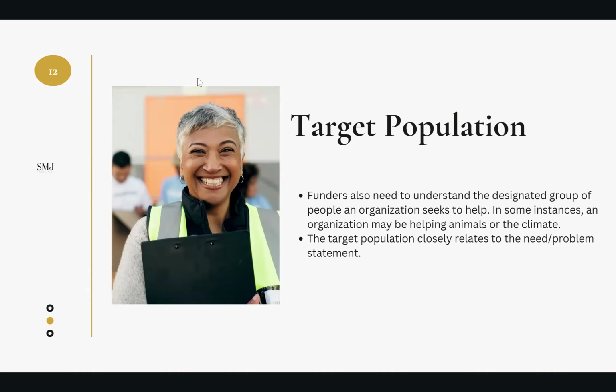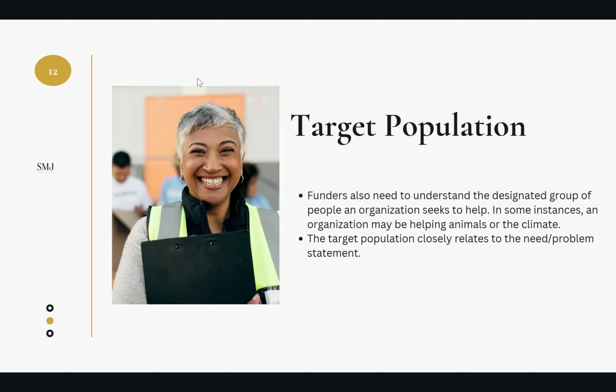Now, as you may have seen in the previous example, we also talk about the individuals who are experiencing the problem that your organization may be working on. Closely related to a problem statement is also talking about the people you are assisting.